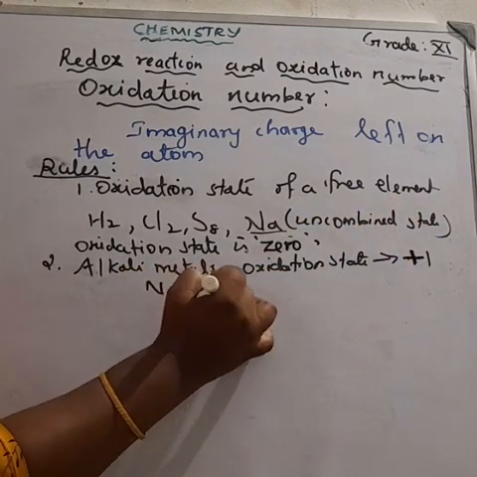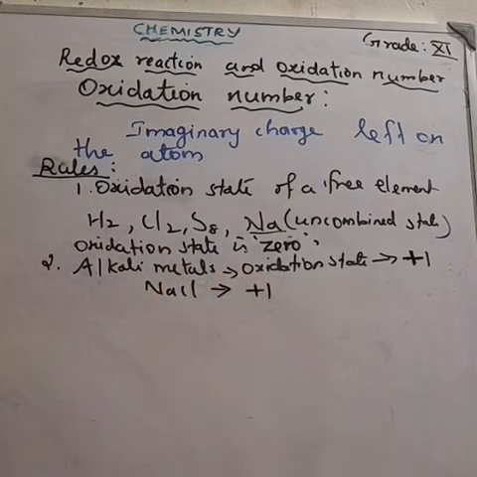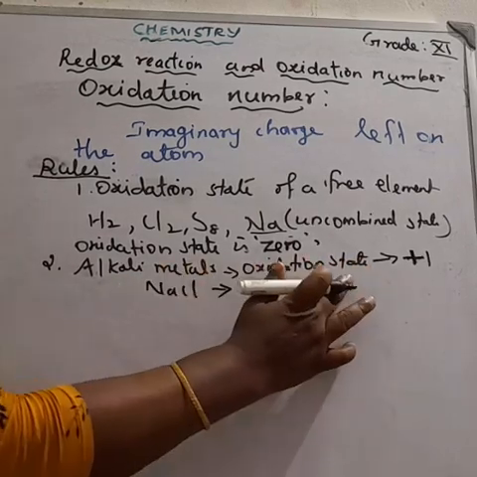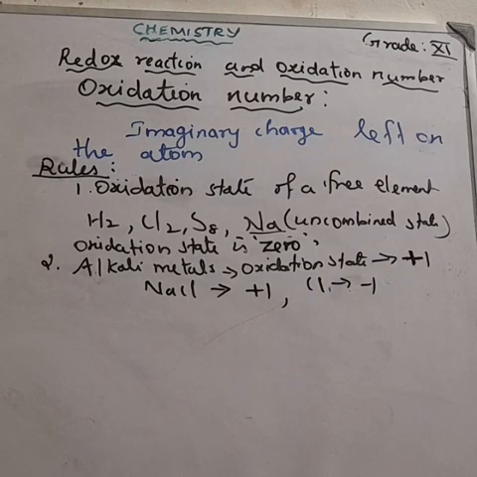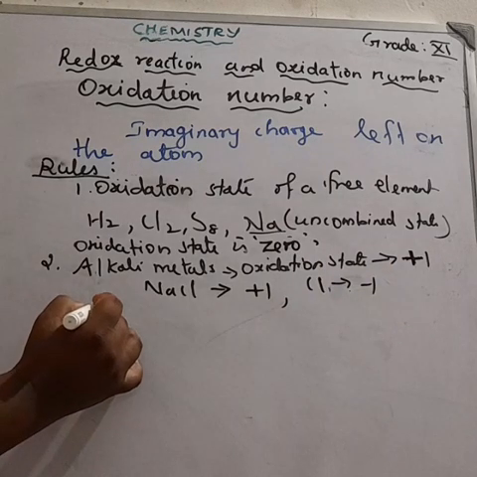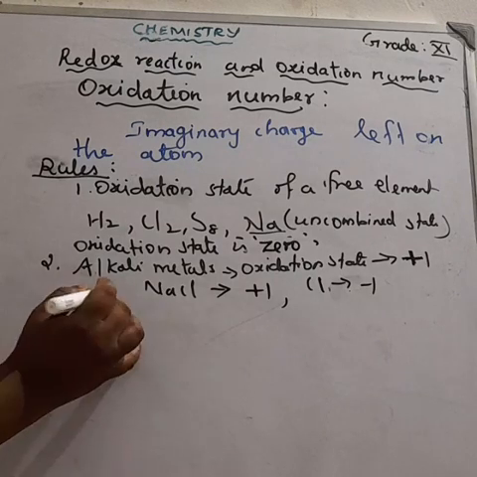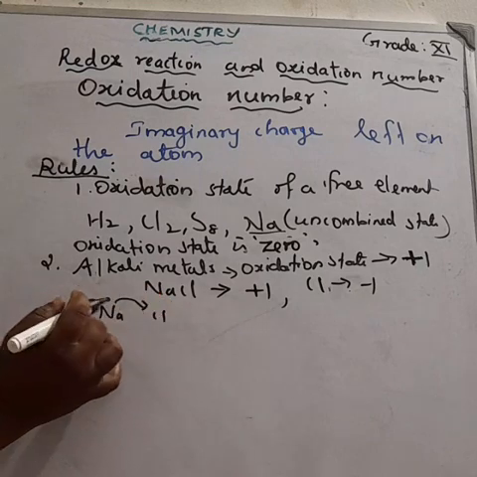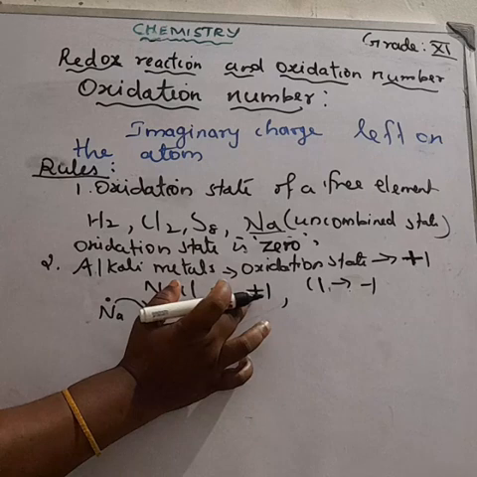Here the oxidation state of sodium is +1, because sodium has only one outermost electron, and chlorine gets this one electron. So alkali metals are in the +1 oxidation state.